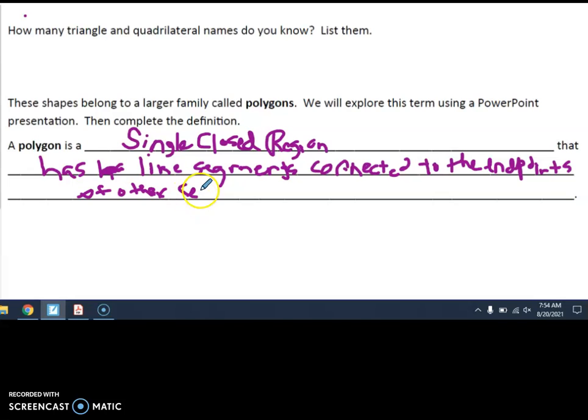So these segments, when we talk about these shapes, I give them a different name to make sure these segments are connected in the right way.